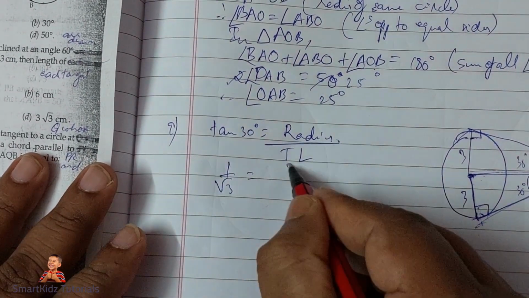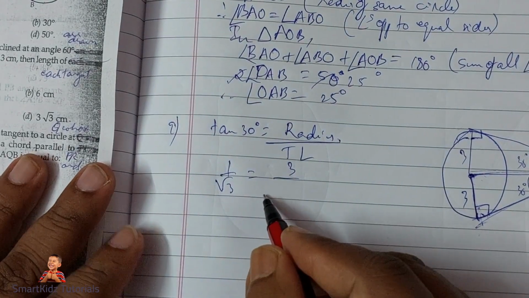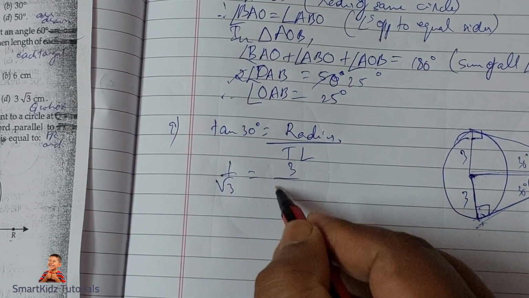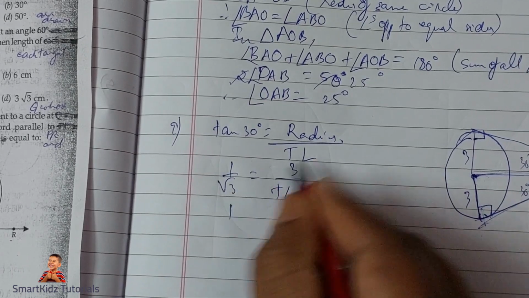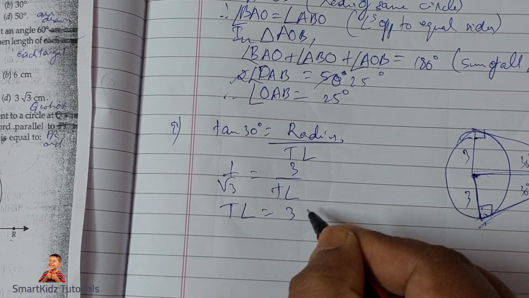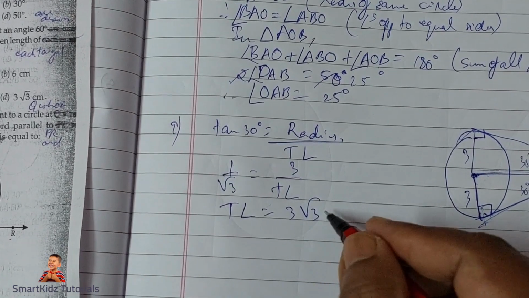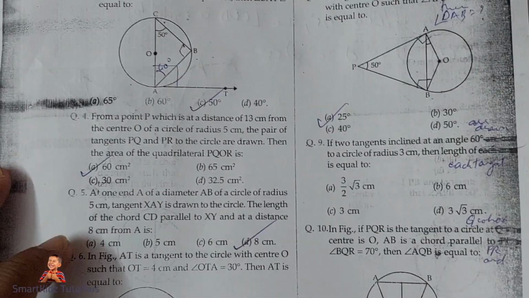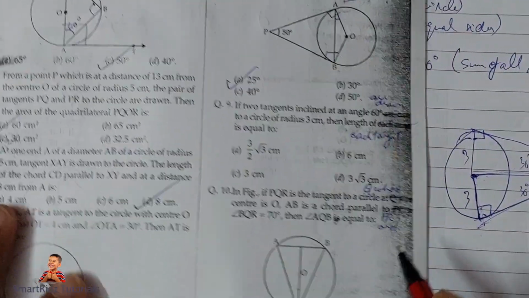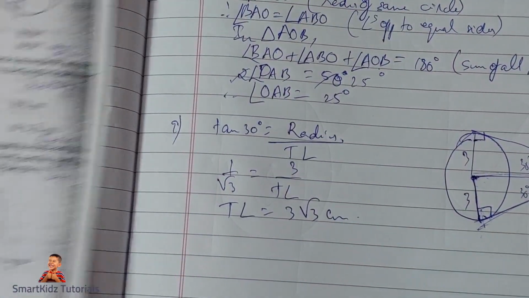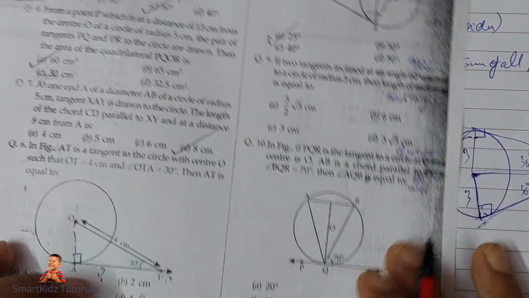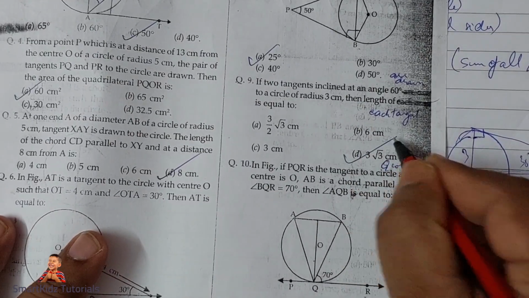Radius is given as 3, and tangent length is what we need to find out. If we cross multiply, the tangent length is equal to 3 root 3 centimeters, which means our correct choice is D.